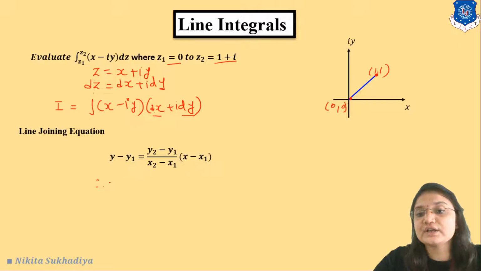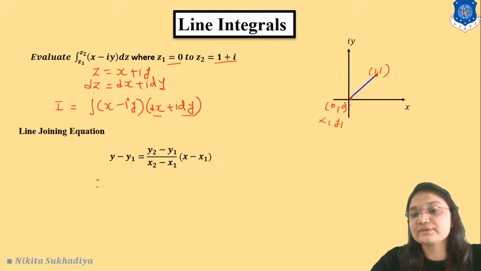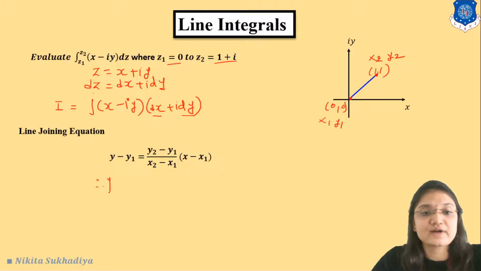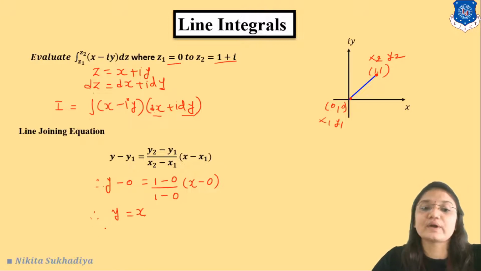Here one point is (x1, y1) and the other point is (x2, y2). So y minus y1, that is 0, where y2 is 1, y1 is 0, x2 is 1, x1 is 0, equals x minus 0. So this becomes y equal to x. By taking the derivative you will get dy equal to dx.